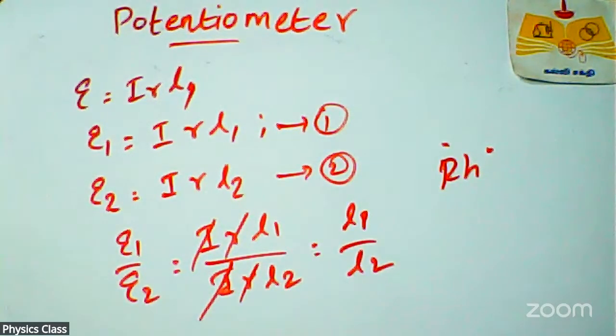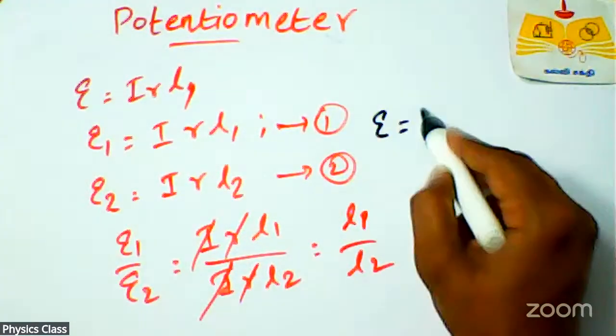I will show you one simulation. Between A and B, that is the free end, the jockey slides over the wire to find the balancing length. So what is the principle behind the potentiometer? E is directly proportional to L, since E is equal to IRL.